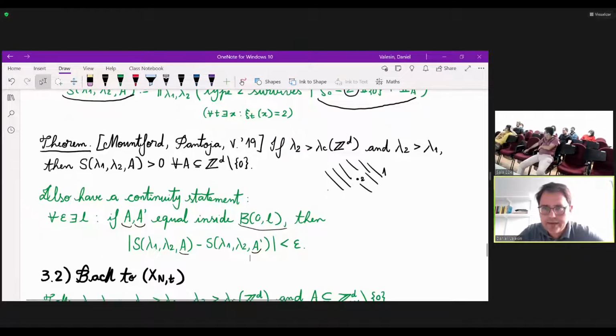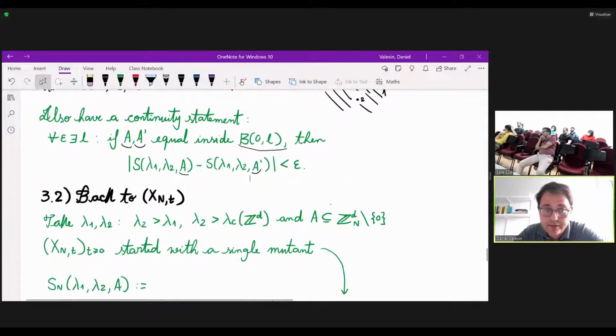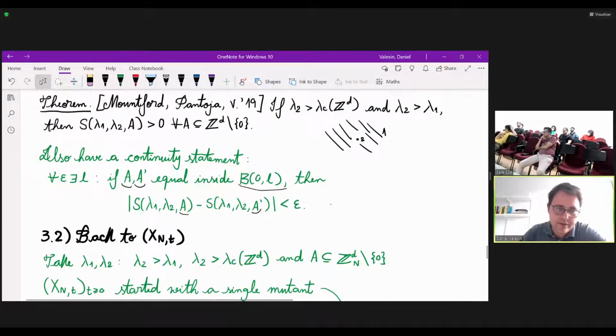Okay, so again, I was talking about the two-type contact process. Now I will go back to the adaptive contact process, and I will take lambda 1, lambda 2, and suppose that lambda 2 is more than lambda 1, and lambda 2 is more than lambda c of Z^d. And let's take a set A that is occupying the torus and doesn't contain the origin.